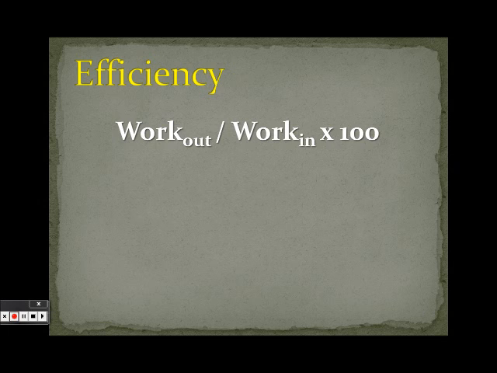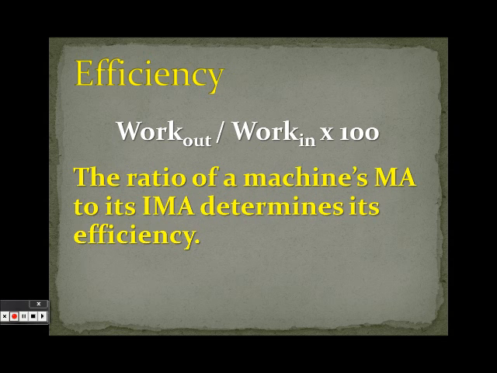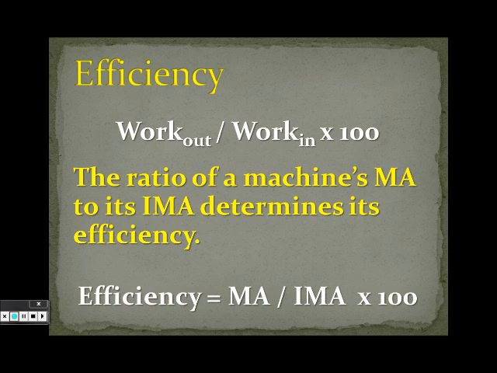Now that we know MA and IMA, we can also use a ratio between the two of those. Because remember, efficiency is what it should do versus what it actually does. And that's where our mechanical and ideal mechanical advantages come into play.